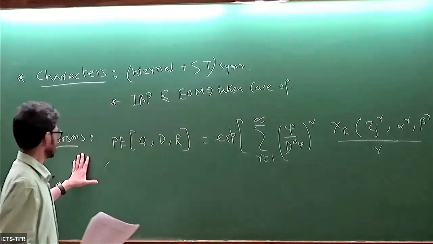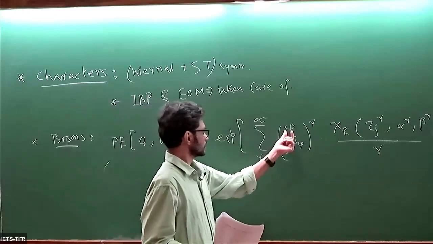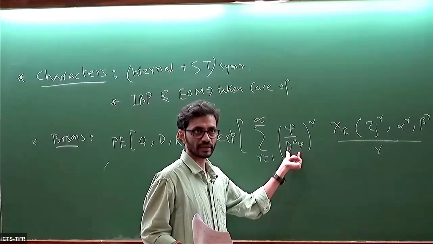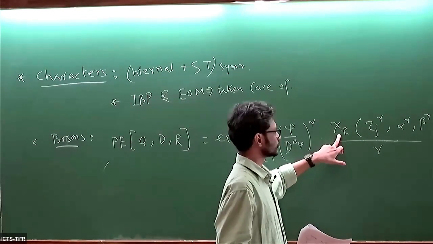So now this is the total plethystic. This phi is basically scaled by D to the power del phi, which is basically the scaling dimension, right? And this is the total character.